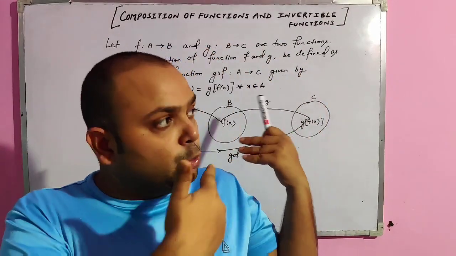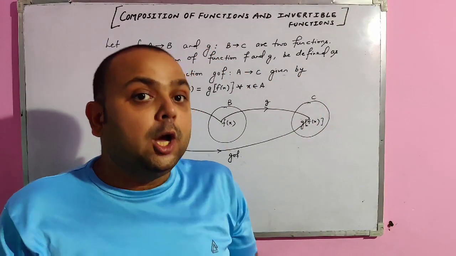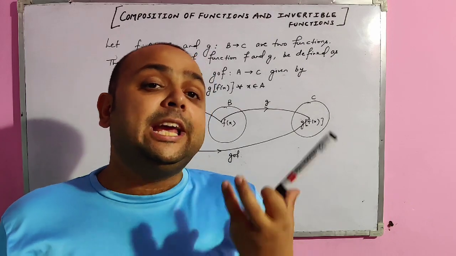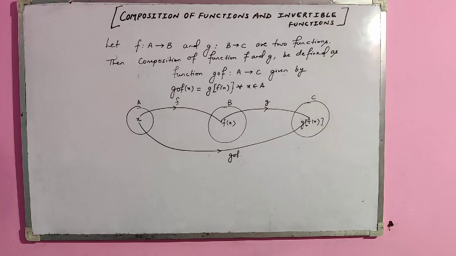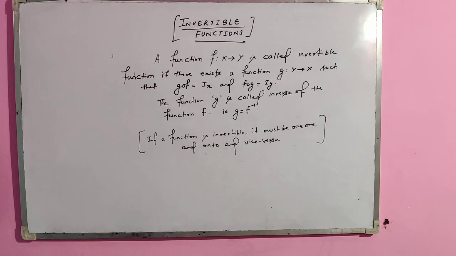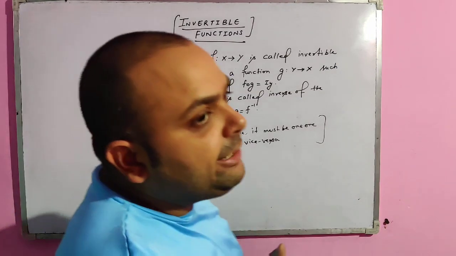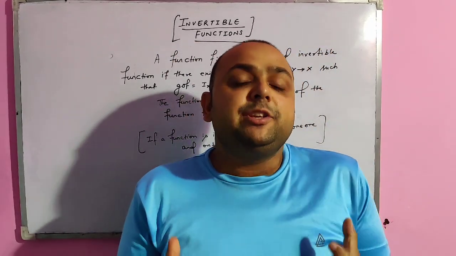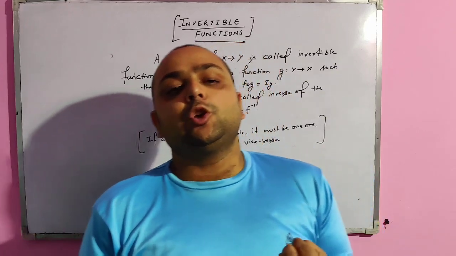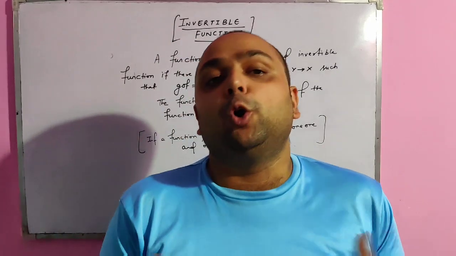Now I will explain this with some examples also, but before that we will discuss invertible functions. An invertible function is a special type of function which satisfies the conditions of both one-one and onto.